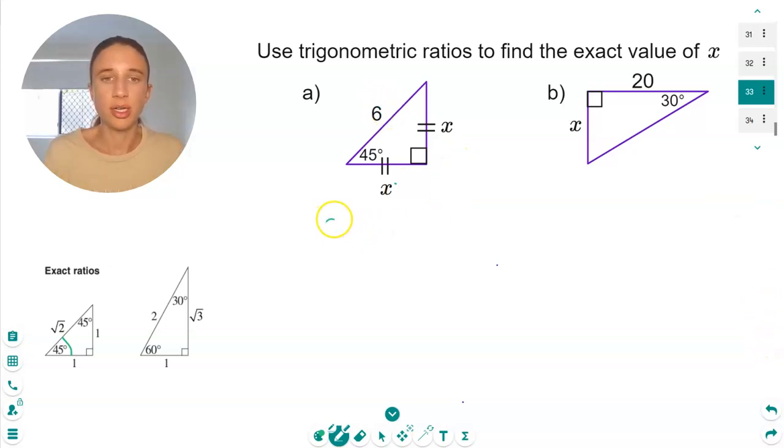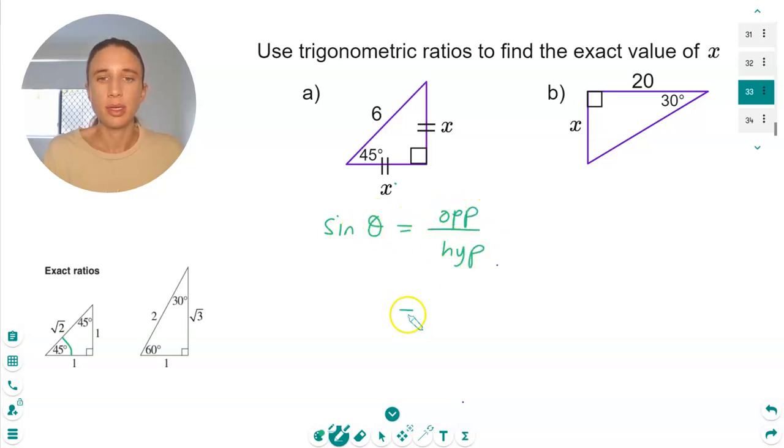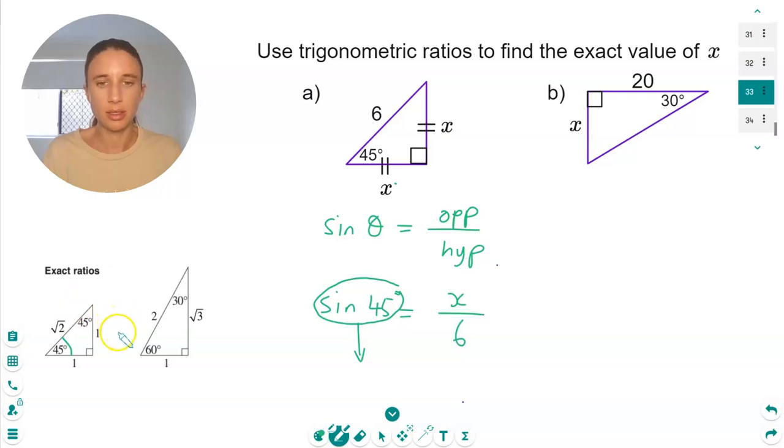I'm going to choose sine. Sine theta is opposite over hypotenuse. Looking at this triangle, opposite is x over hypotenuse, which is 6. That's sine 45. Now they want us to do this without a calculator. This is a little bit of a tricky bit. You're going to replace this sine 45 using the exact ratios triangle that you selected.